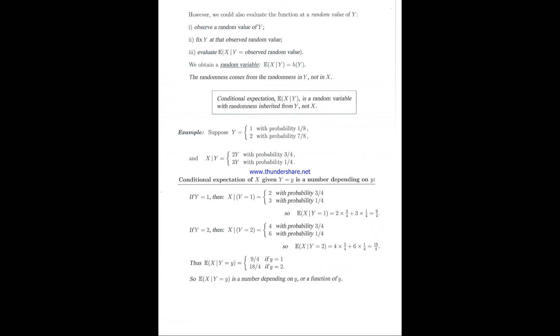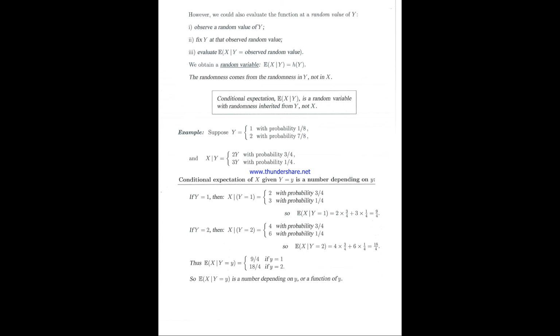Now let's say you have the random variable y. It has two possible values. I'm going to take discrete random variables, as I told you in the beginning. So random variable y has two possible values, that is y is equal to 1 and y is equal to 2.